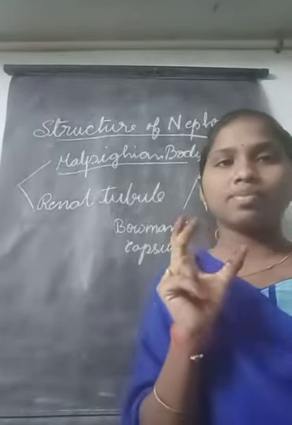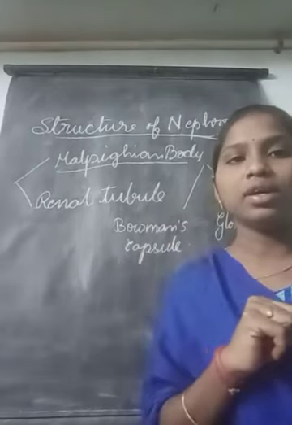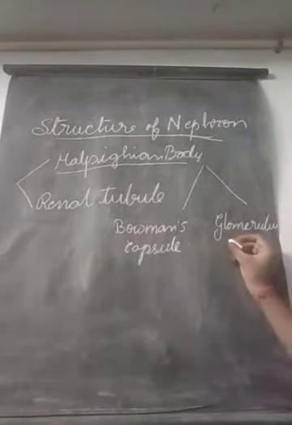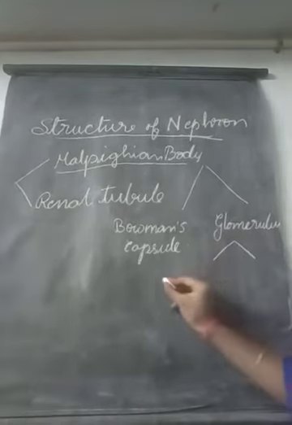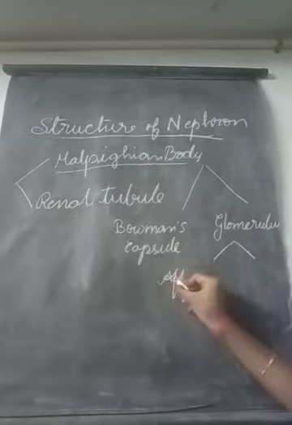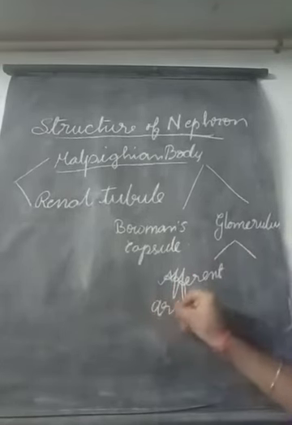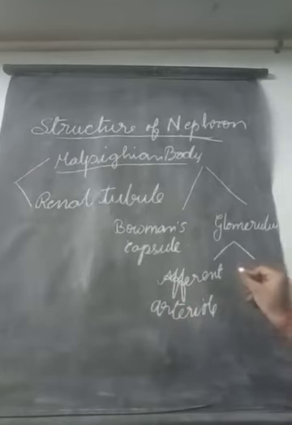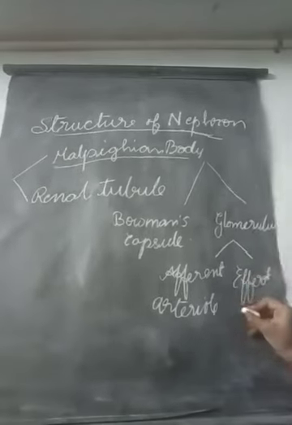Inside the Bowman's capsule, we can find a bunch of capillaries called glomerulus. This glomerulus starts with a blood vessel called the afferent arteriole. It enters the Bowman's capsule as the afferent arteriole and leaves the Bowman's capsule as the efferent arteriole.